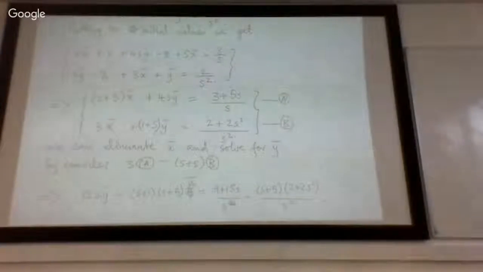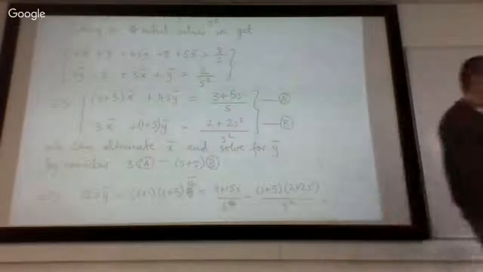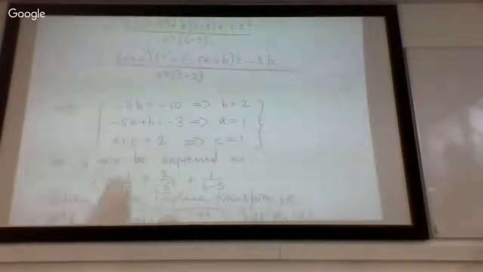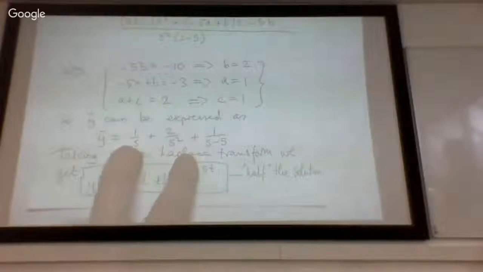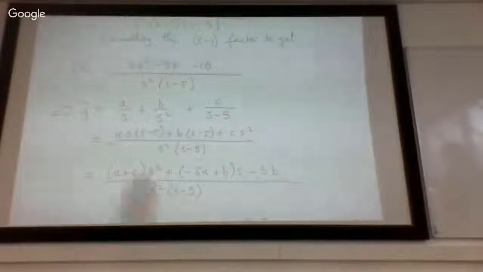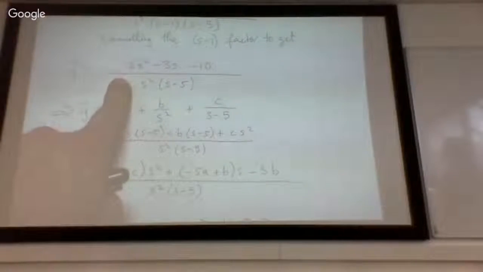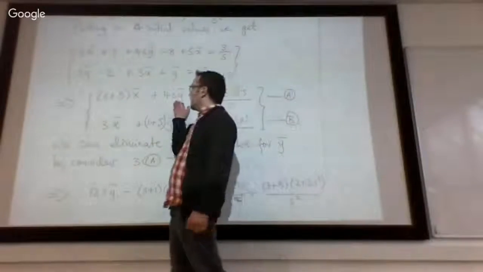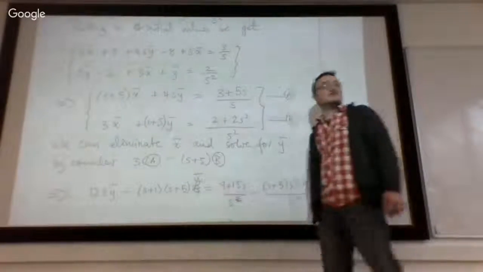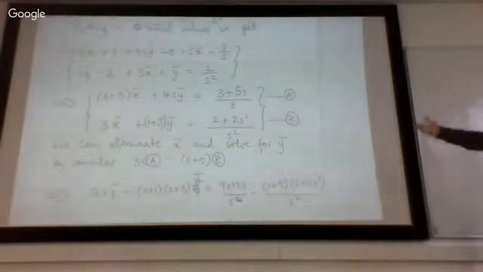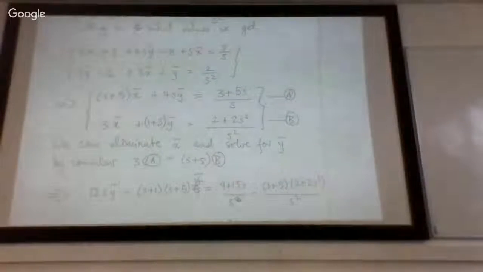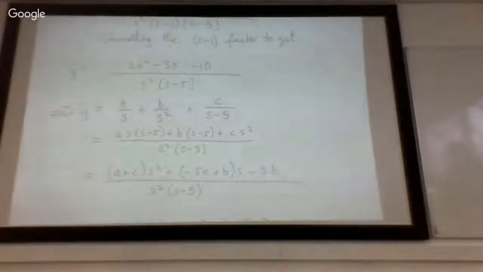So one way of proceeding here, we could take one of our expressions for y bar, either the partial fraction expansion one, or the nice compact rational function one, could take either of those expressions and put them back into either a or b, doesn't matter, and that would eliminate the y bar, and we'd just be left with an equation featuring x bar, which we could then, but then we'd probably have to take further partial fraction expansions to find the x bar.